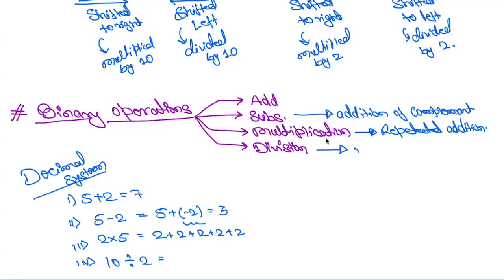Division is basically repetitive subtraction, right? So we are dividing 10 into 2 parts. How can we write 10 into 2 parts? That means 5 plus 5, and we have to make two parts. 5 is the answer here, right? So division is also a repetitive subtraction. ये समझ आ रहा है मैं क्या बोल रहा हूँ?